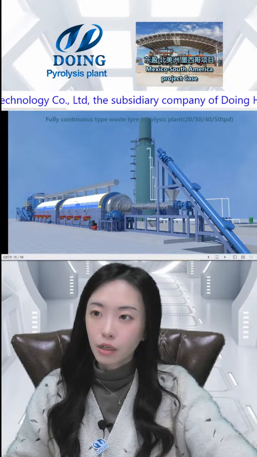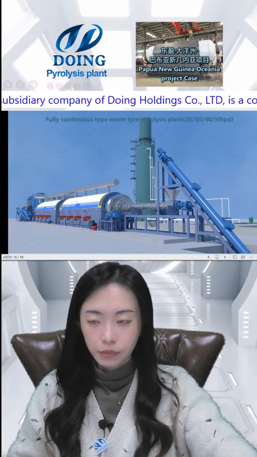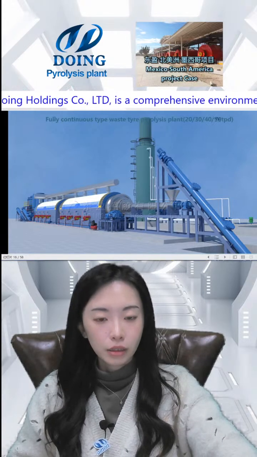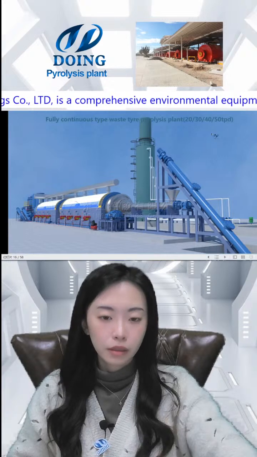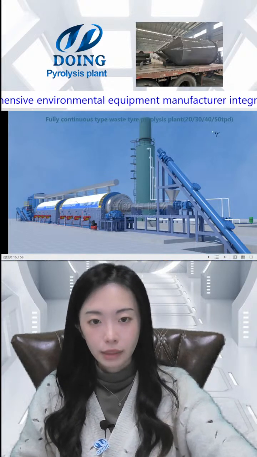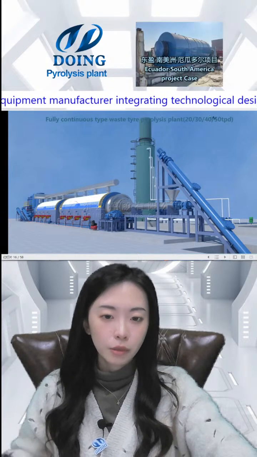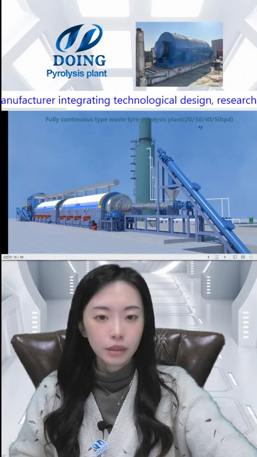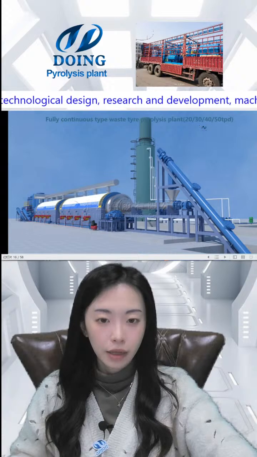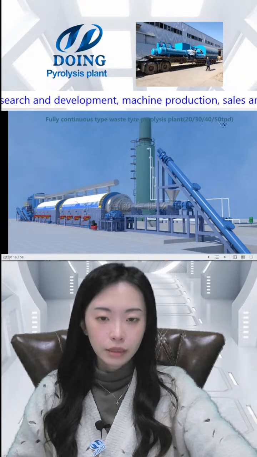And here is the fully continuous pyrolysis plant. It has the largest capacity and highest efficiency. For capacity, you can see the largest one is 50 ton per day, compared with the batch type at 15 ton or 18 ton, and the semi-continuous at 20 ton. Also we have 20 ton, 30 ton, 40 ton models.